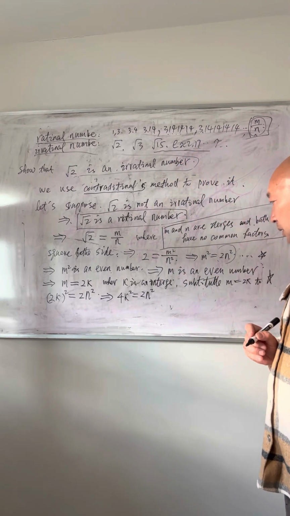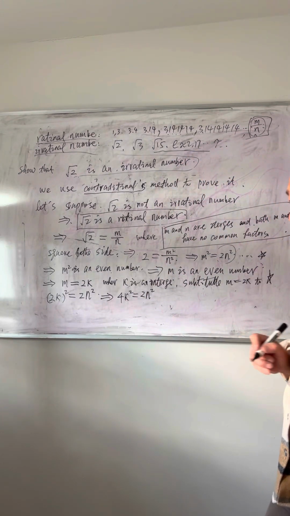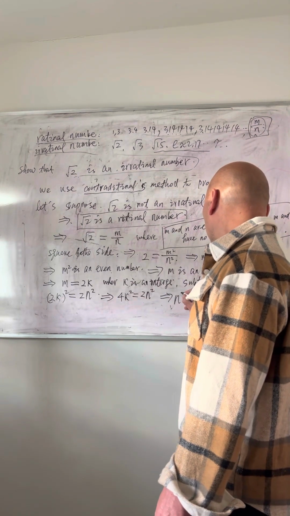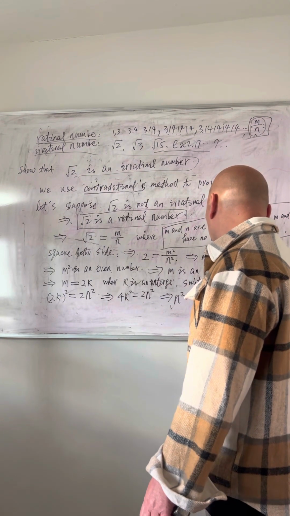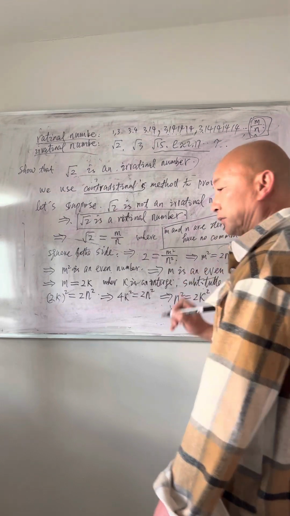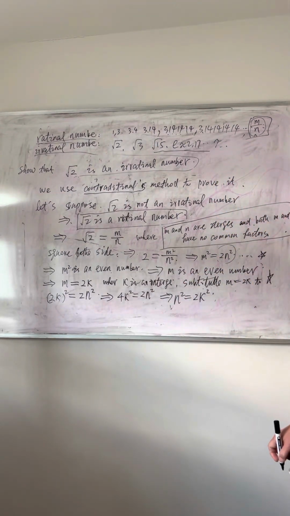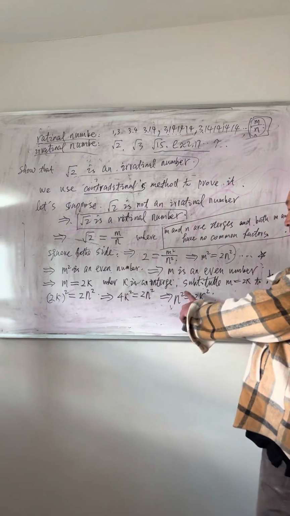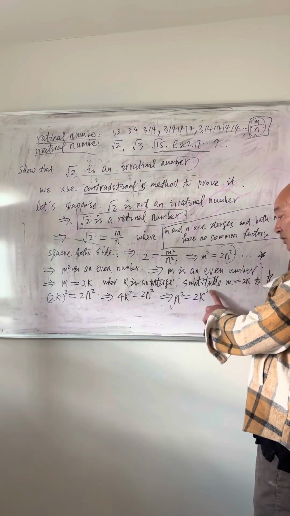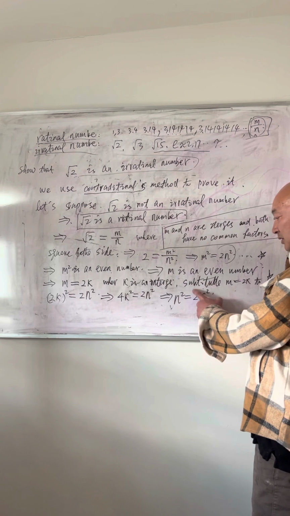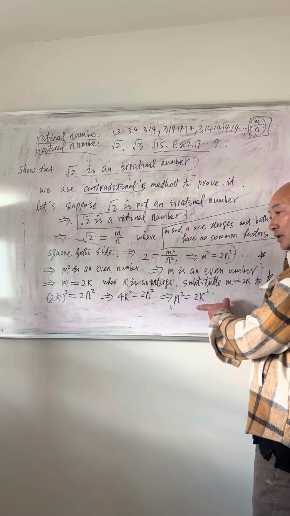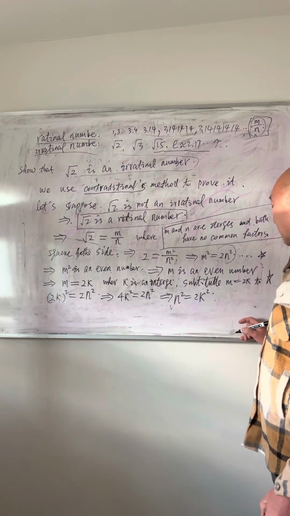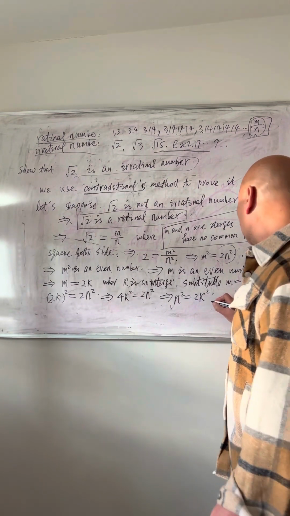Simplifying further, n squared equals 2k squared. Back to here, same thing, right? n squared is 2 times an integer square. So the right side is also an even number.